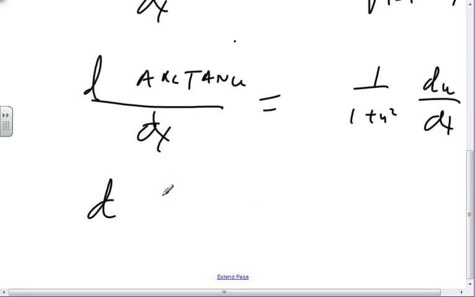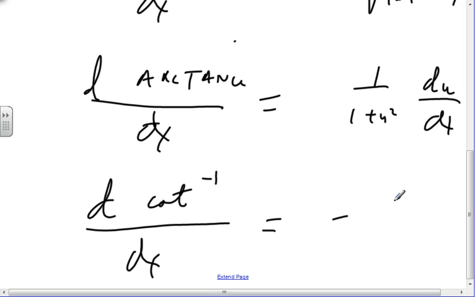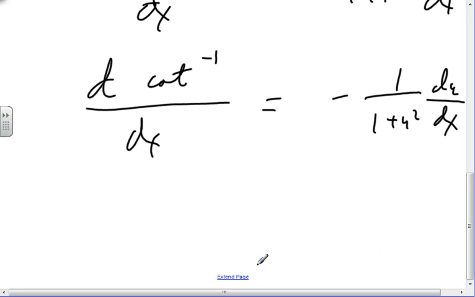And the derivative of the arc cotangent is minus 1 over 1 plus u squared du dx. Boy, this is so predictable. I didn't realize it was this predictable. Oh, maybe I did. And then the derivative of the arc secant.